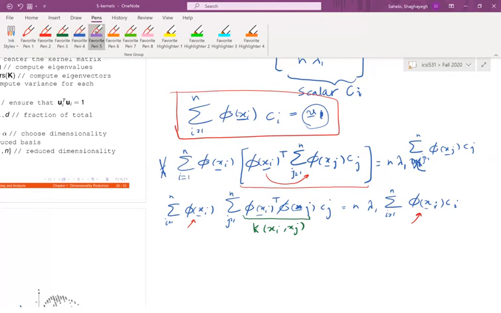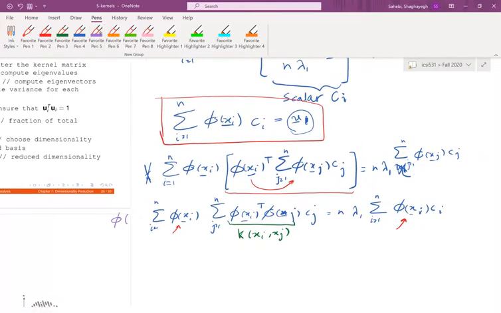Let's multiply both sides of this equation with phi of some xl, for example, or xm, let's call it xm, transpose. So I just pick one data point, xm, from all of my data points, and I multiply both sides of this equation with phi of xm.